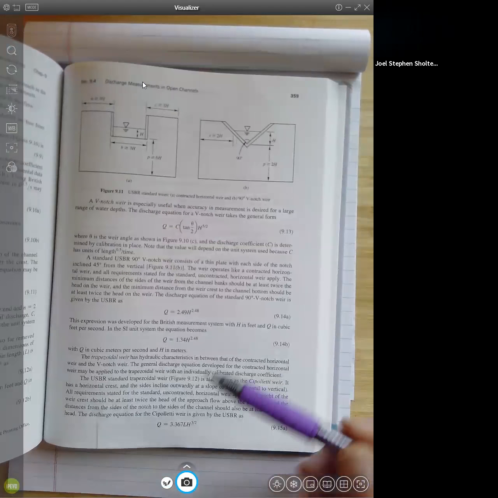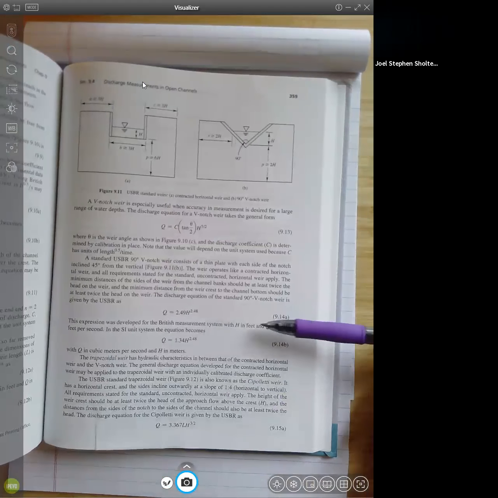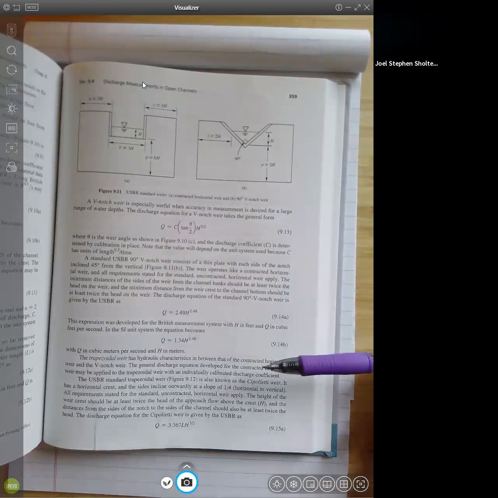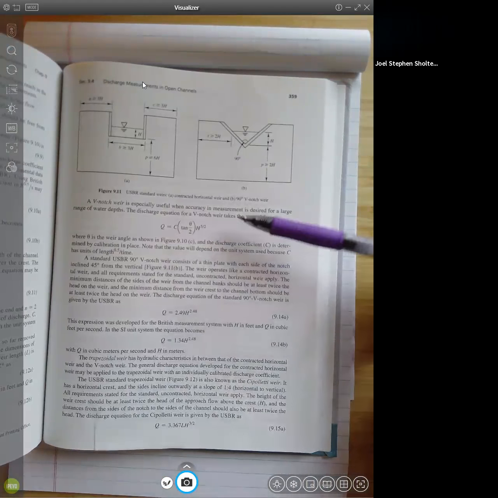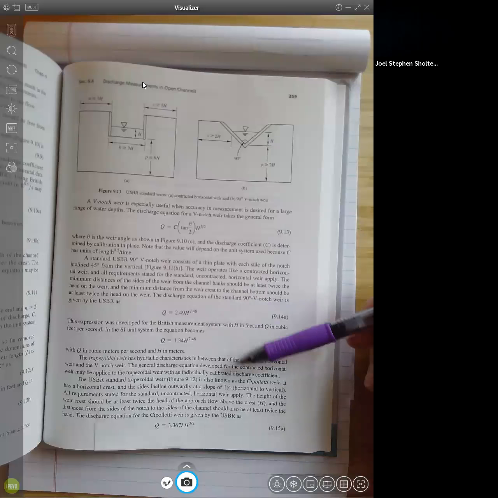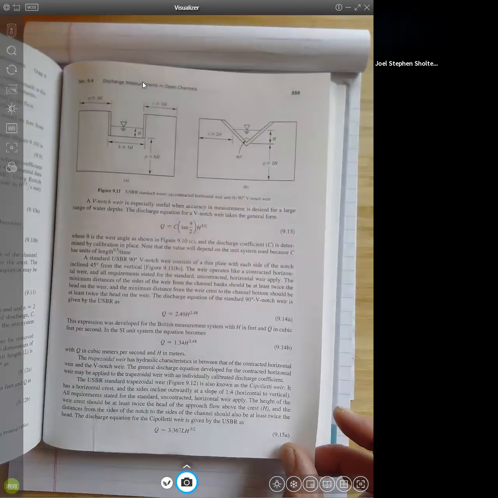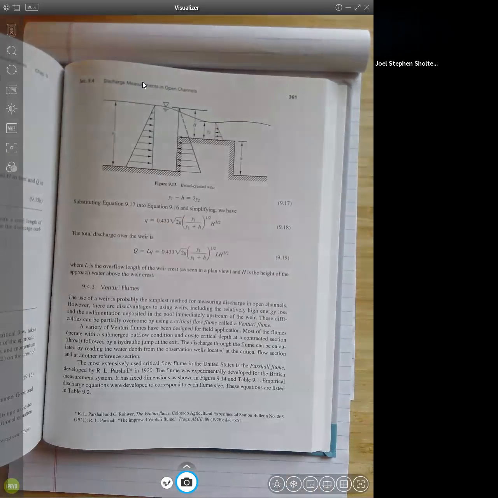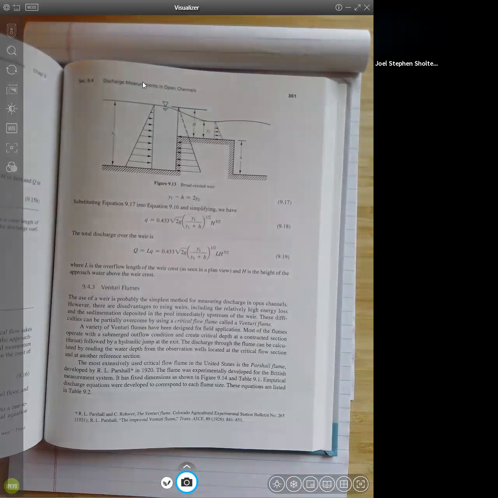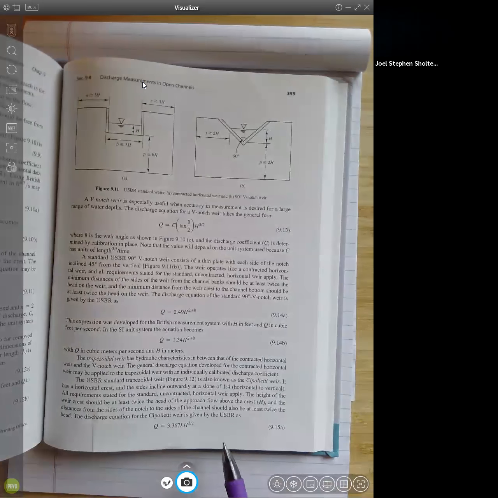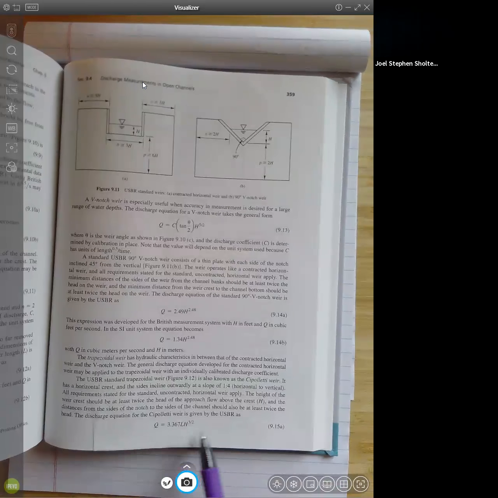These are the weir equations associated with those weirs. Here's the one for the V-notch weir, that's the 90-degree V-notch one. Then we have a rectangular one, and this is the trapezoidal weir.